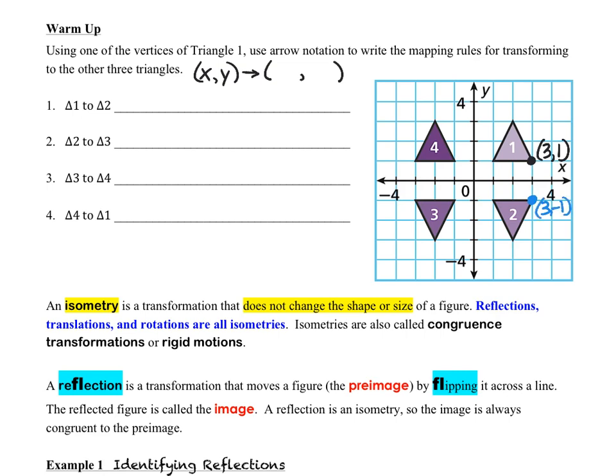So what happened to the coordinates? Our X, Y coordinates went to the same X coordinate, but the opposite Y coordinate.